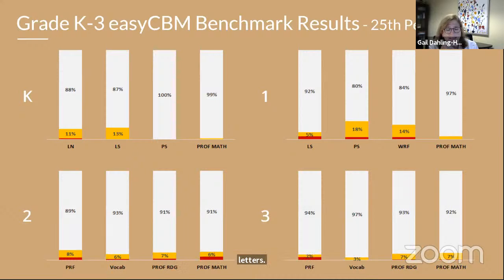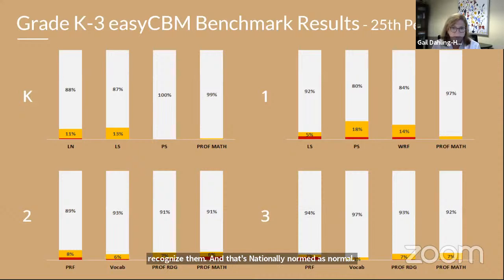So basically, if a student didn't recognize, say, the letters in their name coming into kindergarten, they're going to flag. But any other student wouldn't necessarily know all of the letters of the alphabet or recognize them, and that's nationally normed as normal.